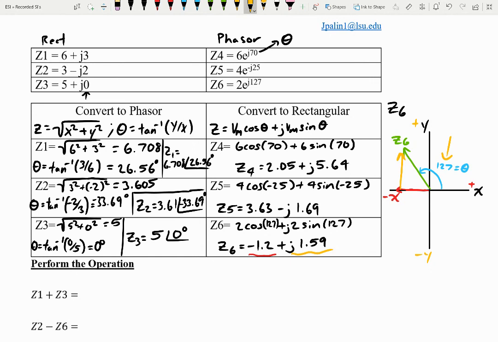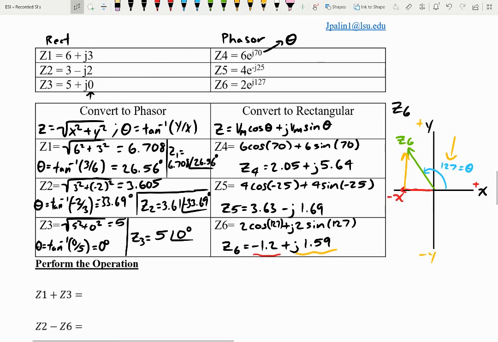So you should have a negative X and then a positive Y.